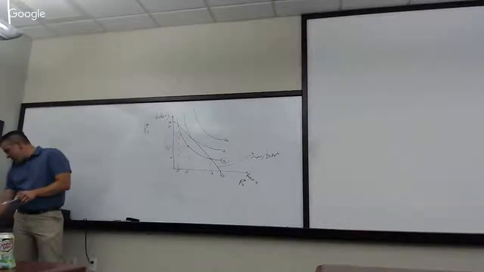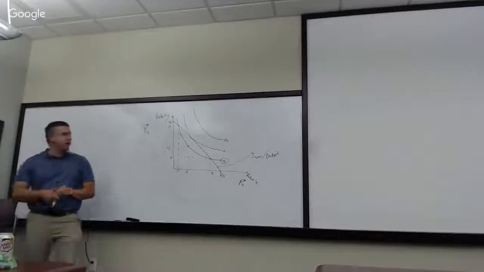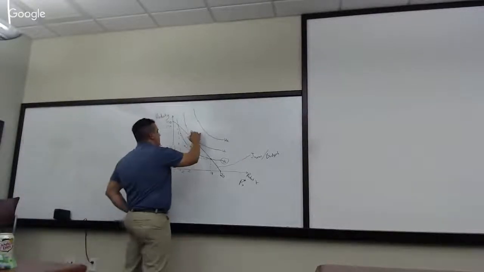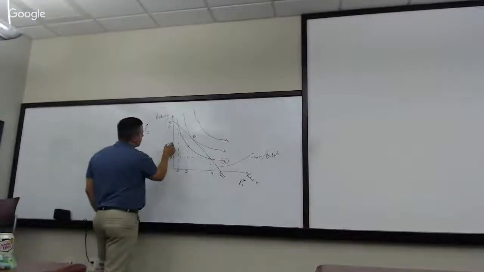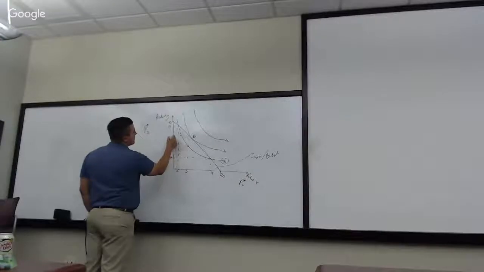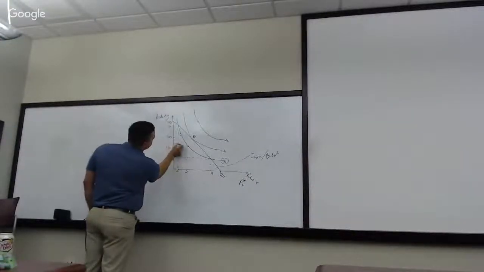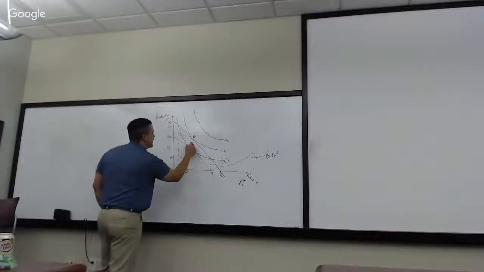So if we look down on question 5, it says consumer A is in equilibrium at point A. So point A is a little bit different than point B, which we're illustrating right now. So let's draw point A. We'll call this 20.